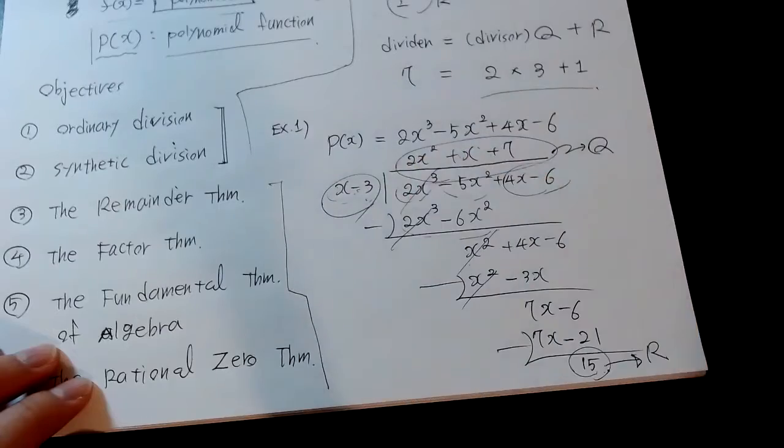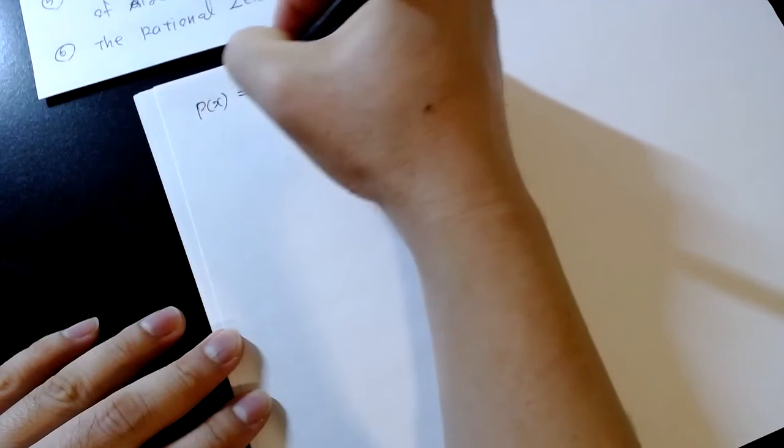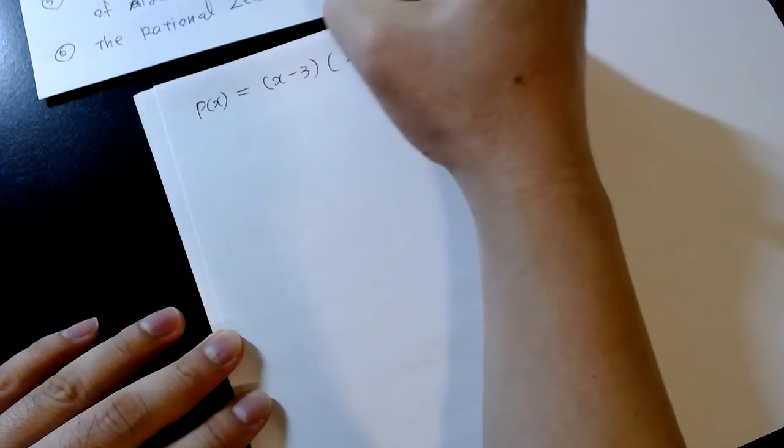Again, this is the divisor. So now we can express p of x like this: x minus 3 times 2x squared plus x plus 7, and then plus 15.